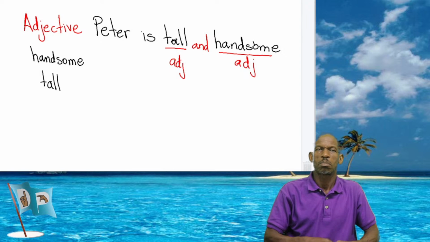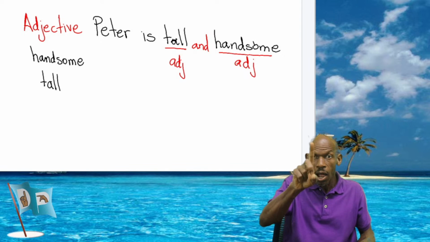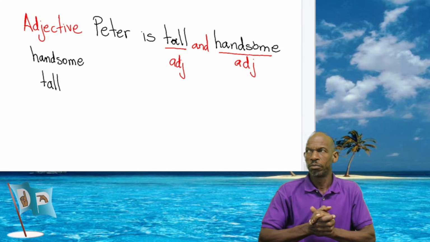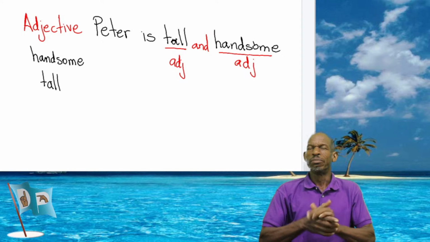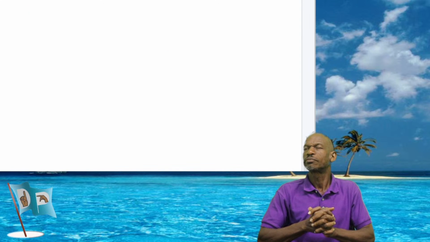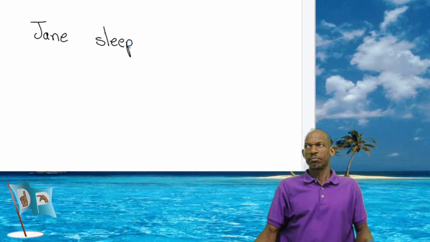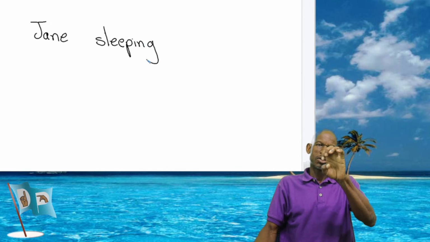Again, I am talking about adjectives. I have two adjectives together in my sentence. To join them together, I join them with and. I am showing you this now. So if I put Jane sleeping, and I put and between this.